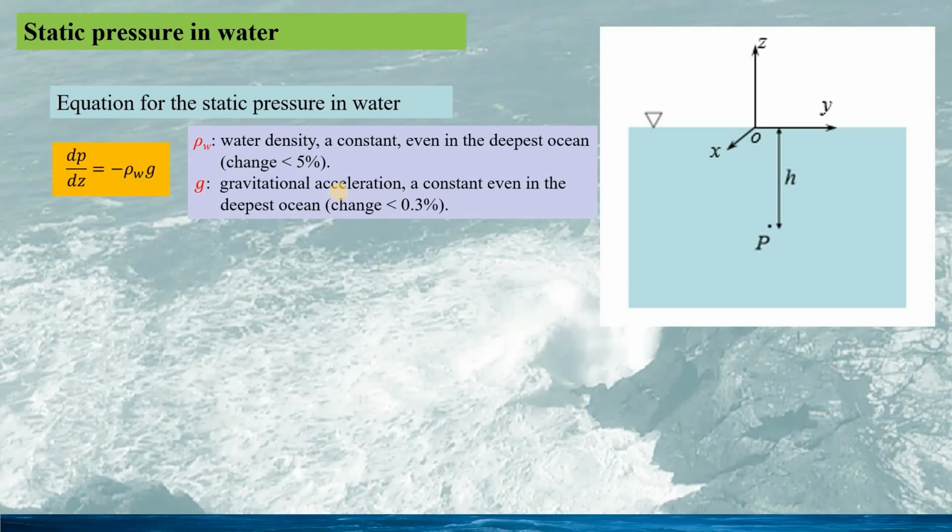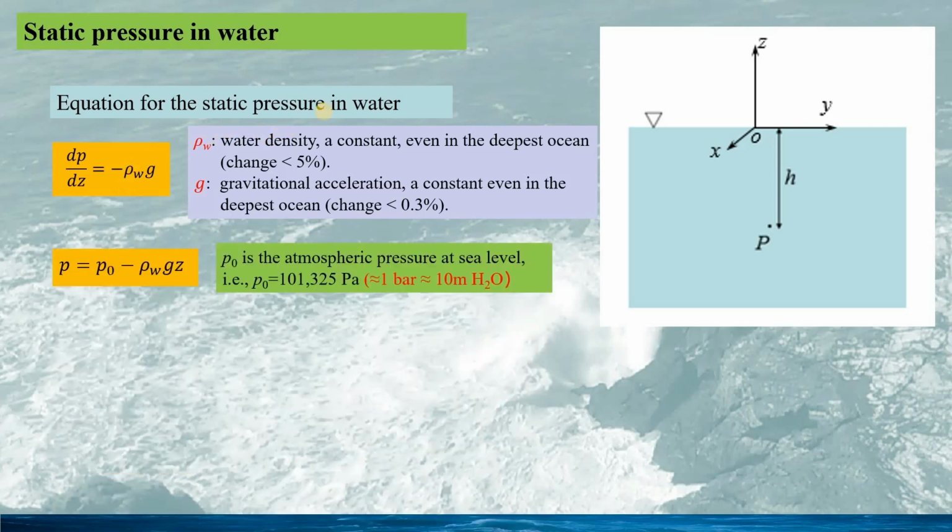In water, even in the deepest ocean, like the Mariana Trench, which is about 11 kilometers below the sea level, the water density and the gravitational acceleration would change less than 5% and 0.3% respectively, and thus both can be regarded as constant for engineering application.